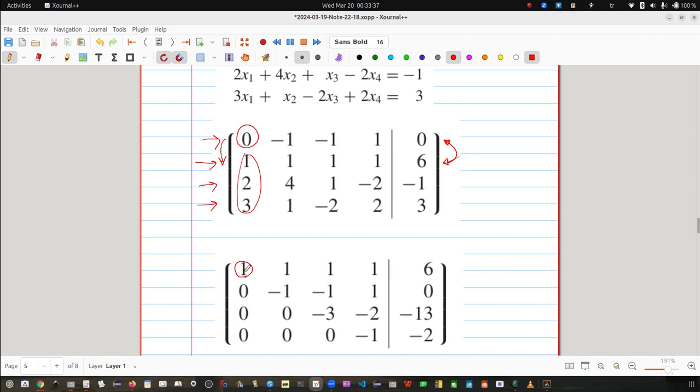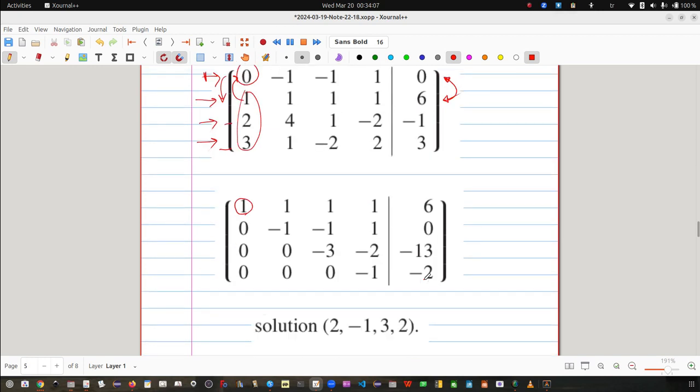When you exchange them, the second row becomes the top row. This is after the process, of course. After exchanging these two, the first element is 1, then multiply by 2 and subtract from this one, multiply by 3, subtract from this one, and eventually make this kind of matrix.